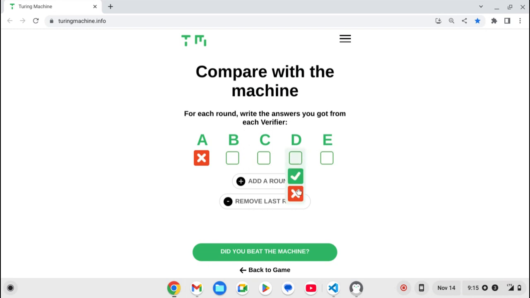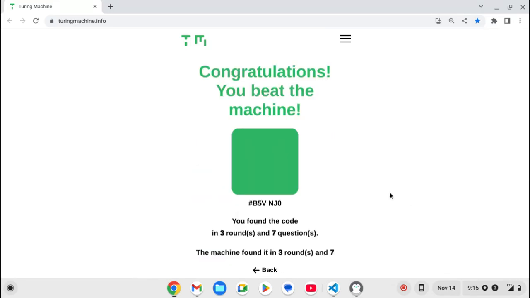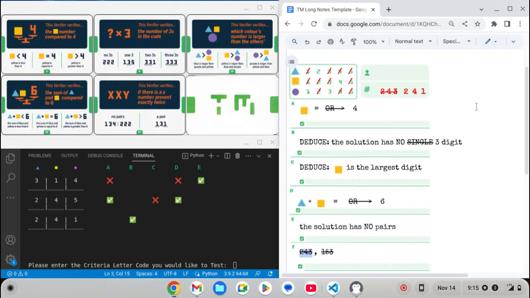ADE and ACD. Ooh, I think A was correct. I think C was incorrect and D was correct. And then we did B and got it correct. Yeah, we would have tied with the Turing machine had I not overlooked or dismissed, I guess, the fact that we would have been left with 1 and 3.